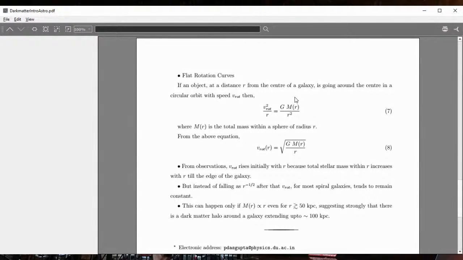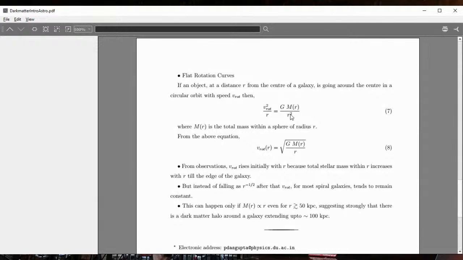Assuming, as a good approximation, that a galaxy can be treated as a spherical distribution, we can write this equation: the square of the rotational speed divided by r, which is the centripetal acceleration, is provided by the gravitational field due to the total mass present within a distance r from the center of the galaxy.